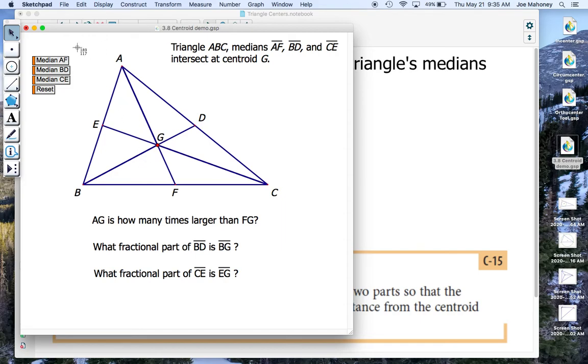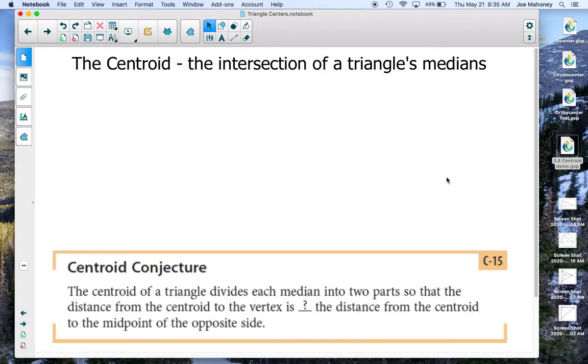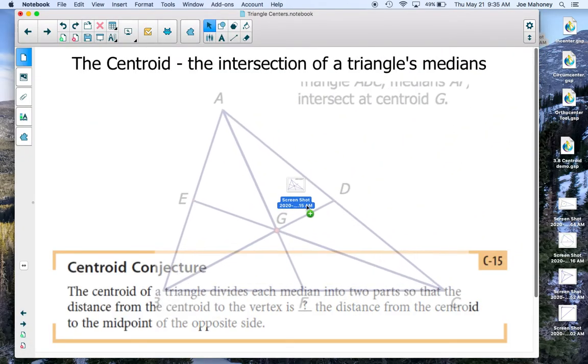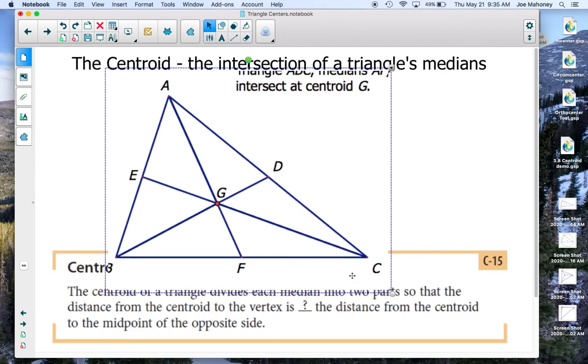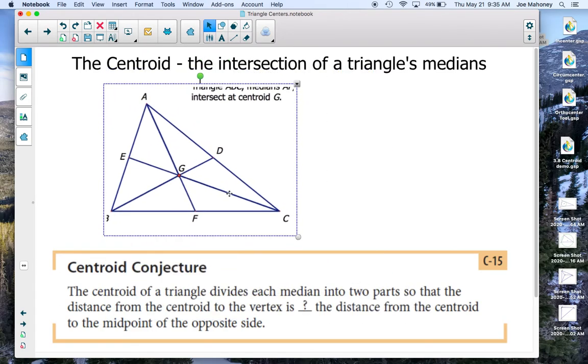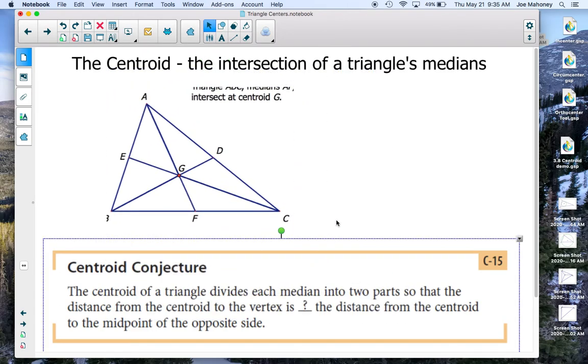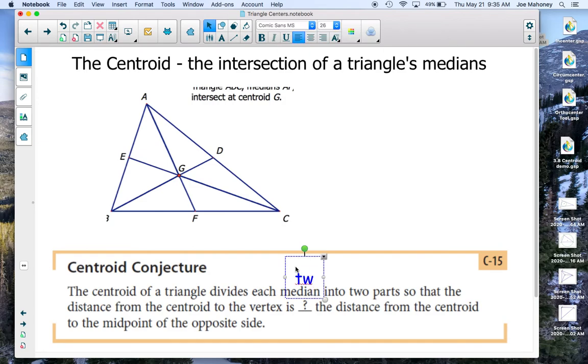So we'll take a picture of that too. We love pictures. Let's see where that picture went. Went up here. We'll drag it in there. Let's make it a little bit smaller so we can remember what it looked like. Cool. So let's complete this conjecture. The centroid of a triangle divides each median into 2 parts, so that the distance from the centroid to the vertex is twice the distance from the centroid to the midpoint of the opposite side.